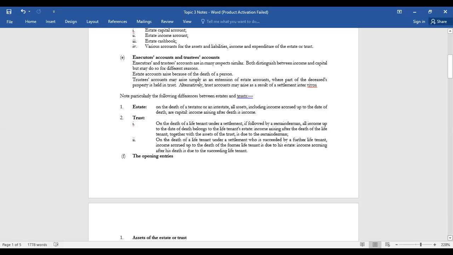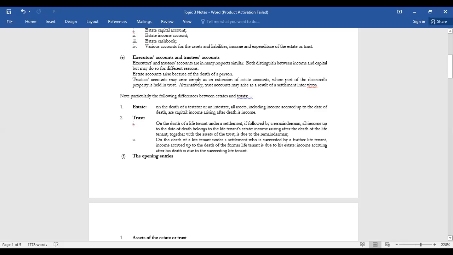It will go to the estate account, but any income accruing after his death will now be going to the succeeding life tenant. We are just talking of the bridge between death and survivorship. So we want to know who takes what and at what time. Is it pre-death or is it post-death?